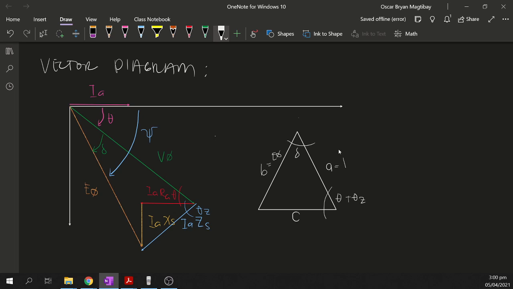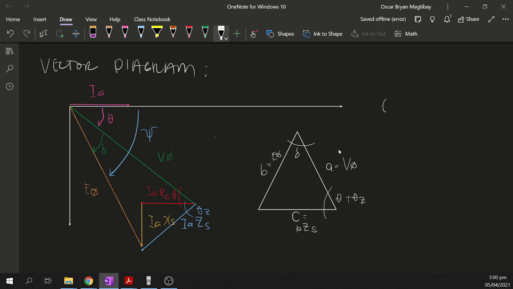Ang A natin is V phase. Then, ang C natin is IAZS. So, kailangan natin makuha si IAZS. Paano natin makuha si IAZS?